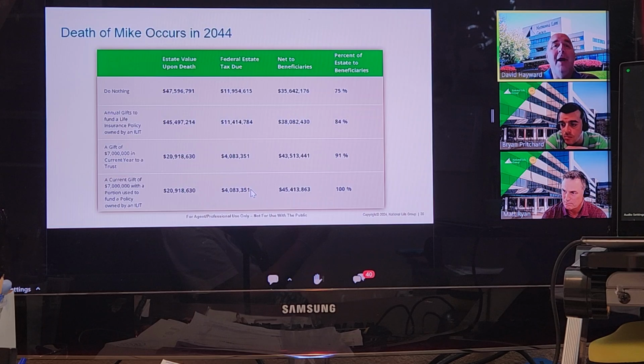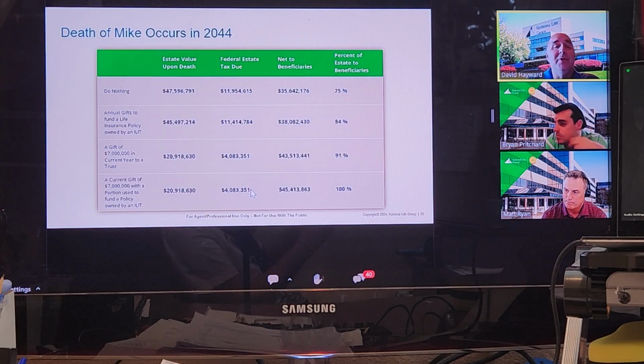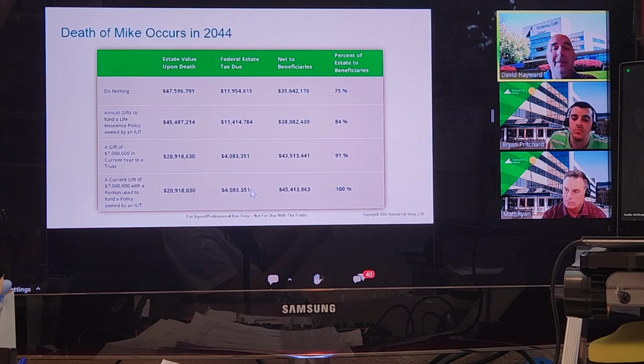But there are some other options that we have to try to reduce that. One of them is simply having a life insurance policy that's going to be owned by an ILIT. So you're going to gift the premiums into the ILIT each year. Mike is going to own this policy personally, or the trust is going to own the policy, but Mike is going to be the donor paying the premiums on an annual basis. So you can see that his net worth upon death is now $45 million rather than 47.